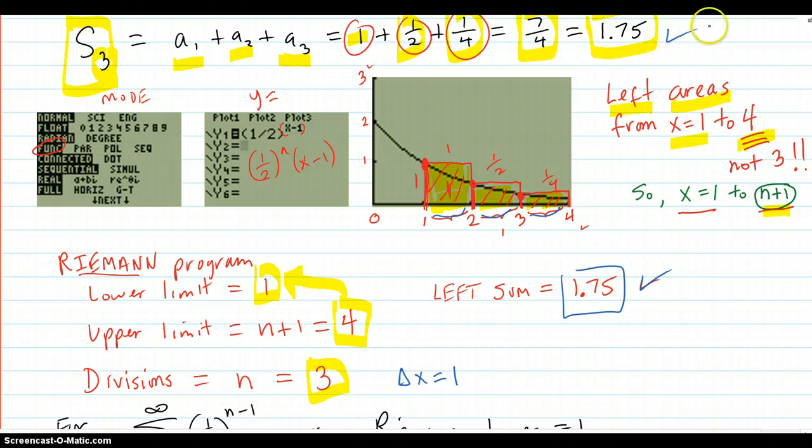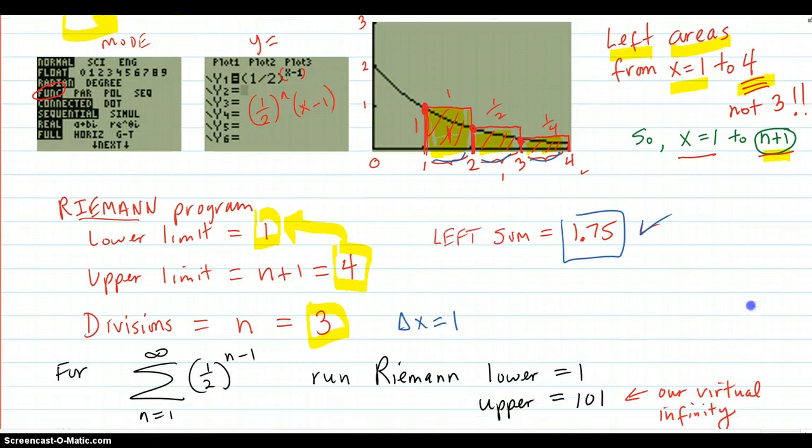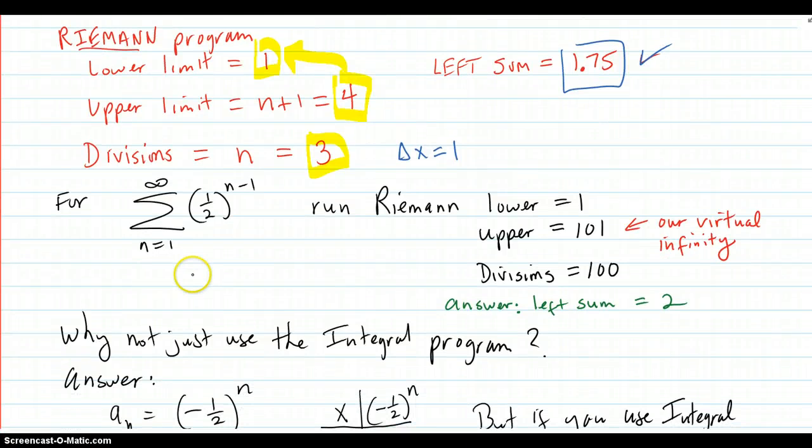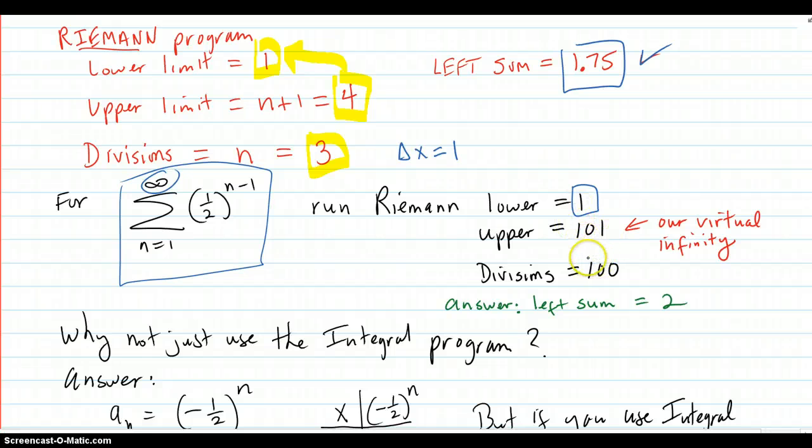That's exactly what it should have been. Let's say you wanted to go to infinity using this method. Okay, so you're over here going to infinity. You can run Riemann, go from 1 to our virtual infinity that we usually use around 100, but I want to make sure I'm going to do this right, so I went n plus 1.